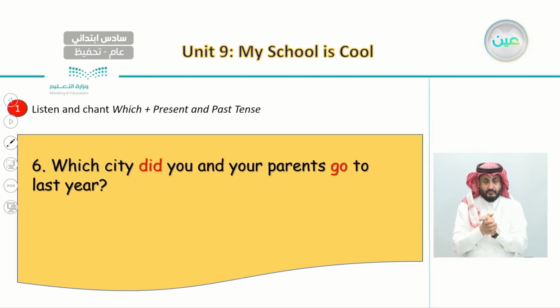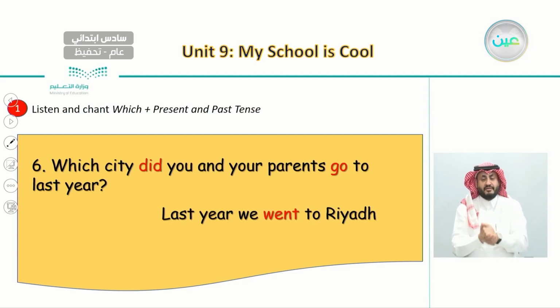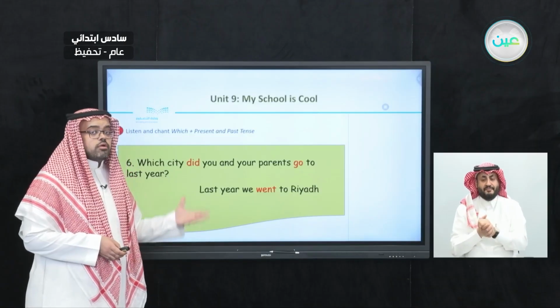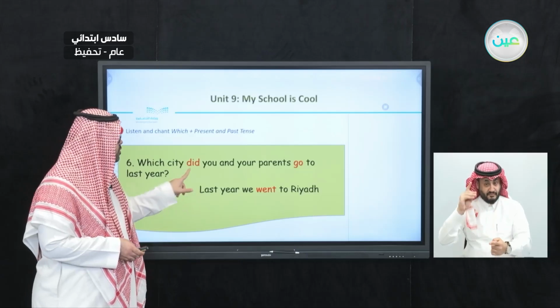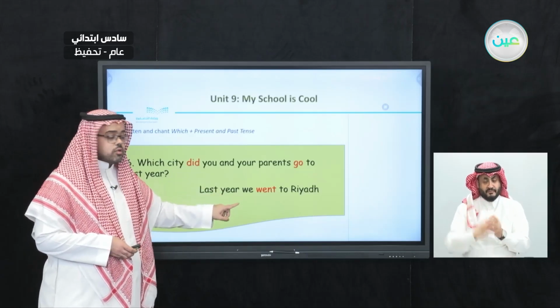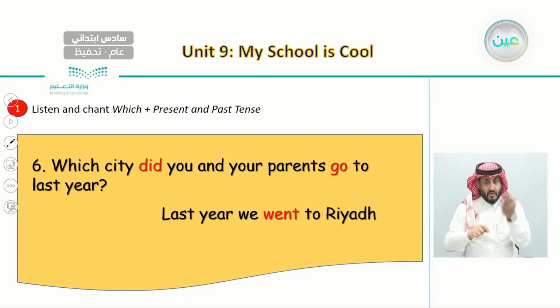Which city did you and your parents go to last year? And the answer is, last year we went to Riyadh. So here in the question we use the past tense with did, and in the answer we also use the past tense with went.